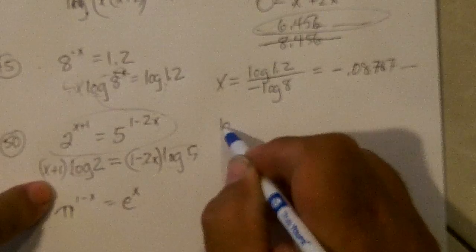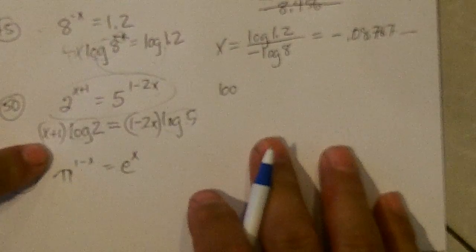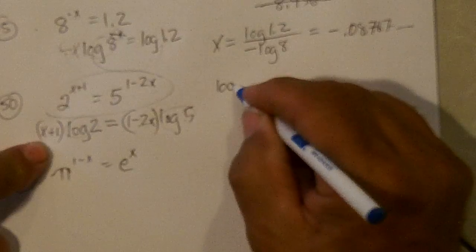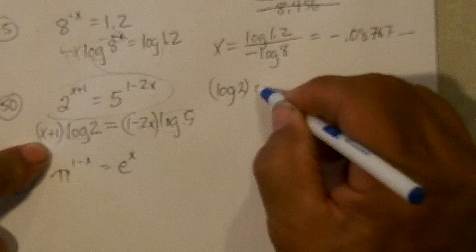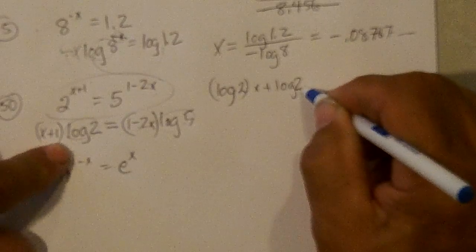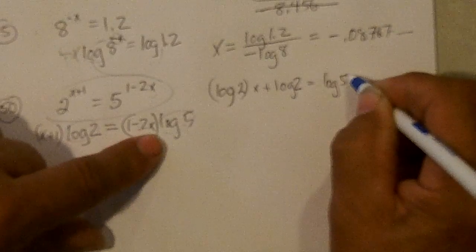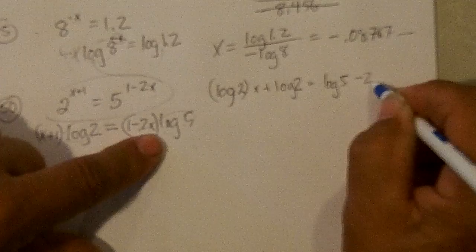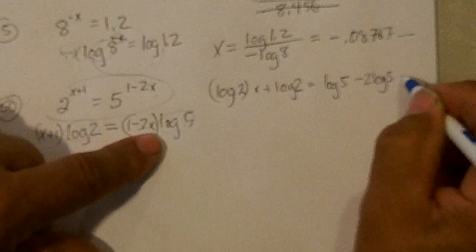distribute this. So I'm going to have log 2 times x plus log 2 equals log 5 minus 2 log 5 times x.